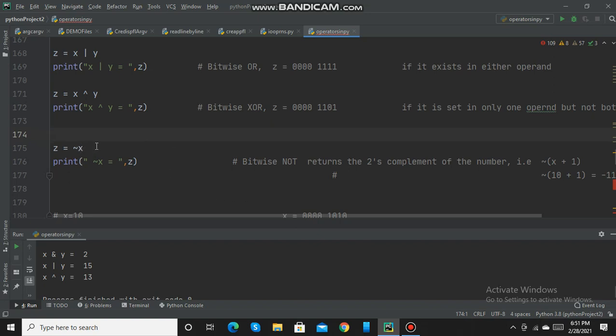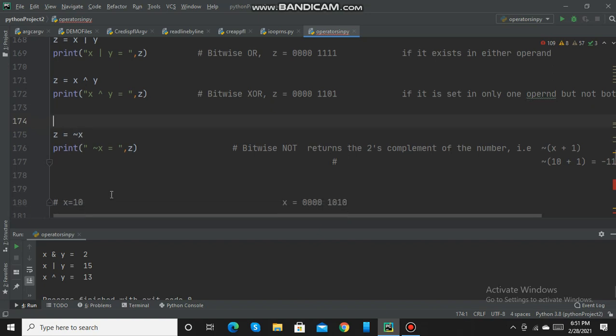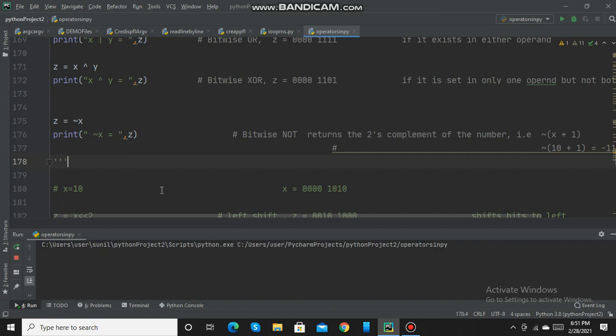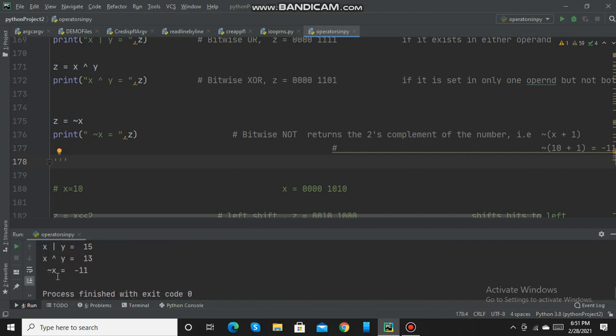That is, it will add 1 to this value of x, so x becomes 11, and then negate it. So it will become minus 11. So here it has become minus 11.